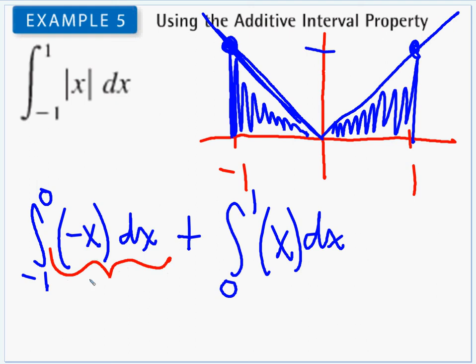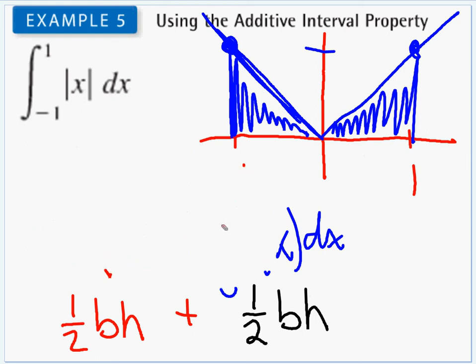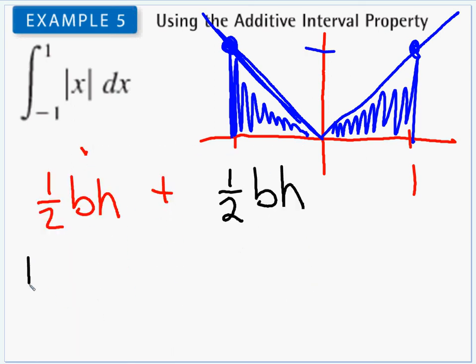This is going to be our first triangle, 1/2 base times height. Plus, I'll switch to black ink, another triangle, 1/2 base times height. And these two triangles are very, very similar. Our first triangle, base here is 1.